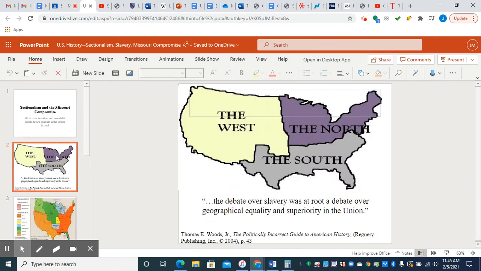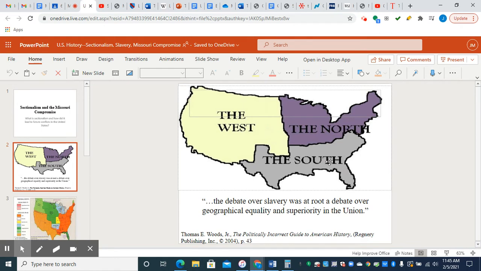Okay, so this is kind of a general way to think about it, but if you look at the United States during that time, what starts to be the obvious divisions is you have the North, the South, and the West. And eventually there's going to be a civil war between the North, which will include the government of the United States, and the South, because the southern states will exit.